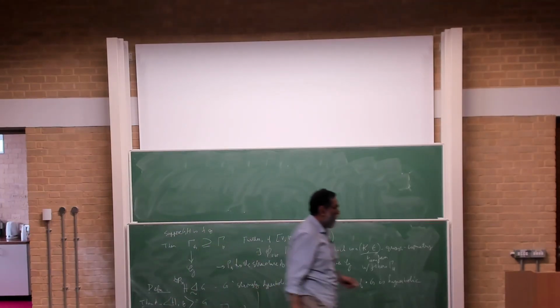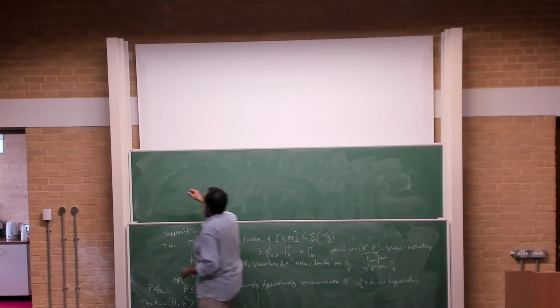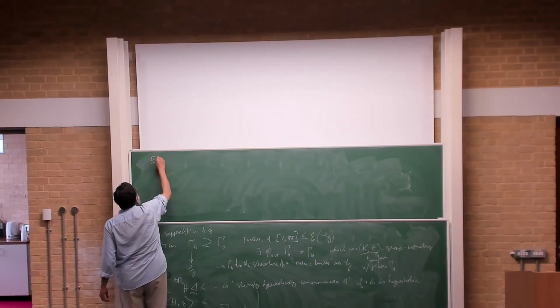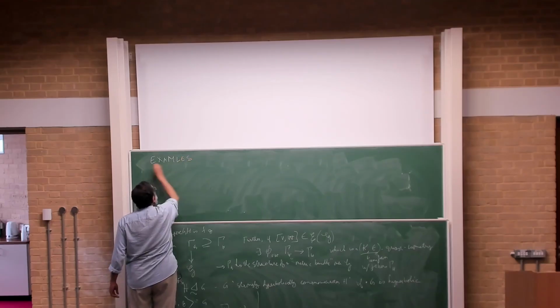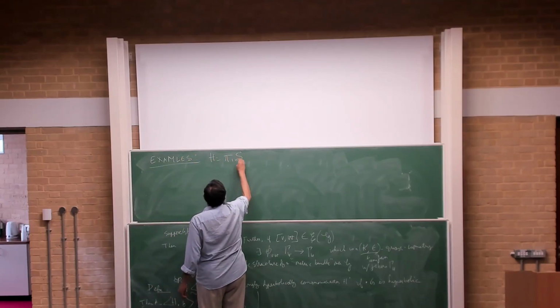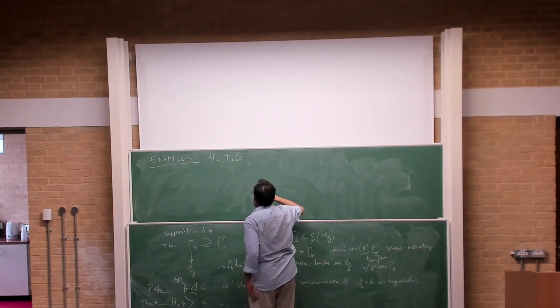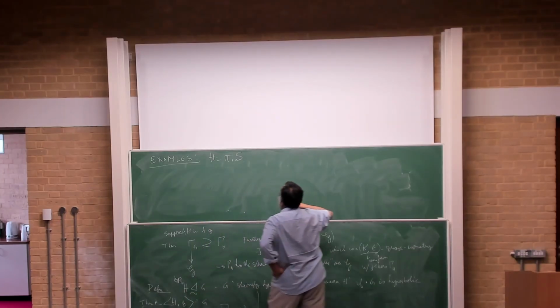Okay, so what are examples? H is phi 1, and so what's the construction?